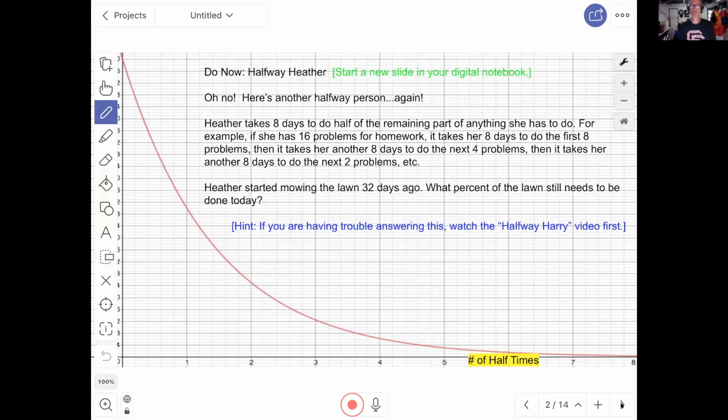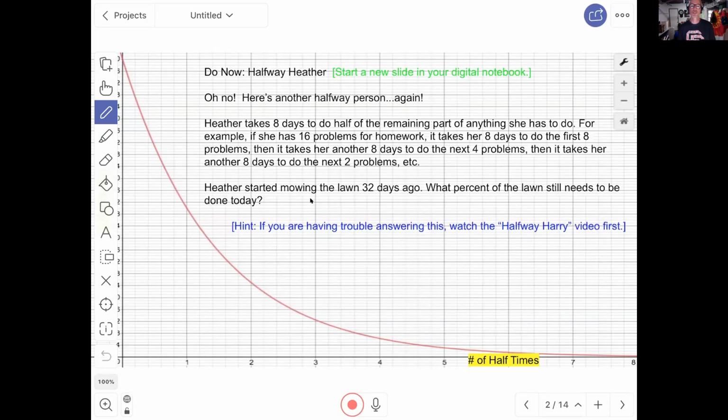So with the 16 problem homework, it takes her 8 days to do 8 problems, because that is half of the problems. And then the next 8 days to do half of those problems, which would be 4. 4 is half of 8. Then 2, because 2 is half of 4, etc.